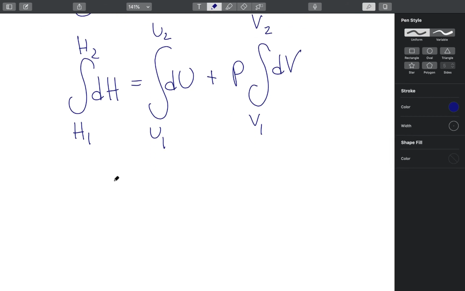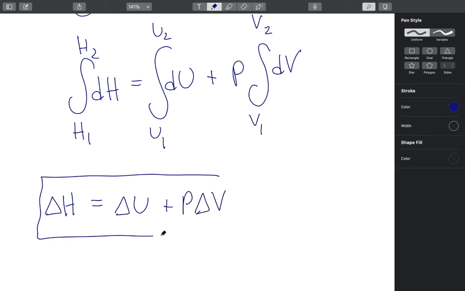And since we're under constant pressure, we can now integrate this. So delta H is equal to delta U plus P delta V. And this is the enthalpy equation.